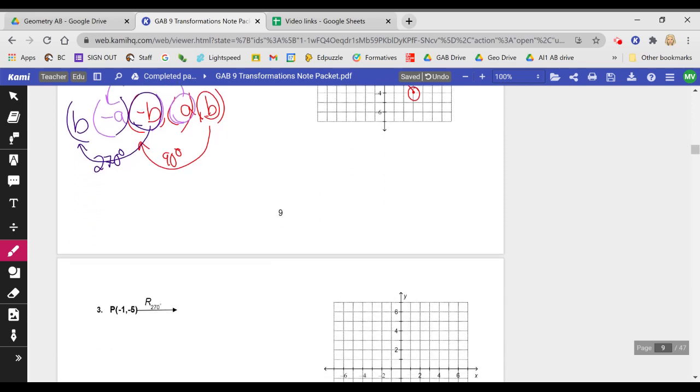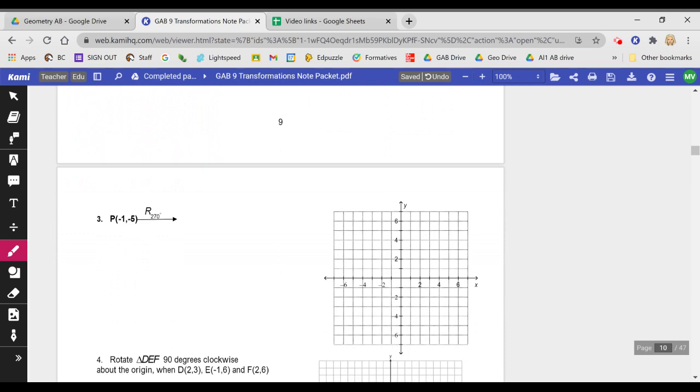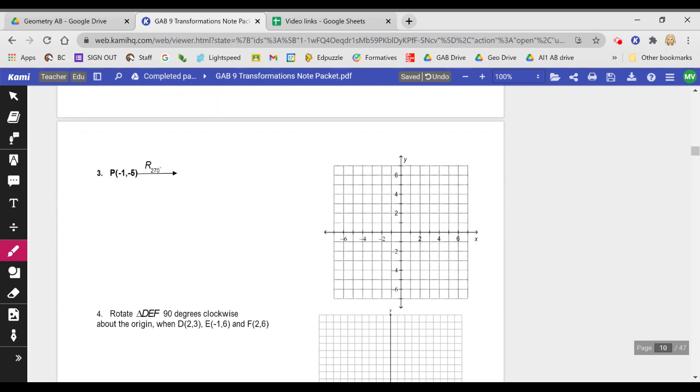Now we have to think about that 270 degrees is really 90 degrees clockwise. So if I'm starting with negative 1, negative 5, and I want to go 270 degrees counterclockwise, that's the same as going 90 degrees clockwise. And again, my center is the origin. So if I draw a line to the origin, that had a slope of 5, 1.